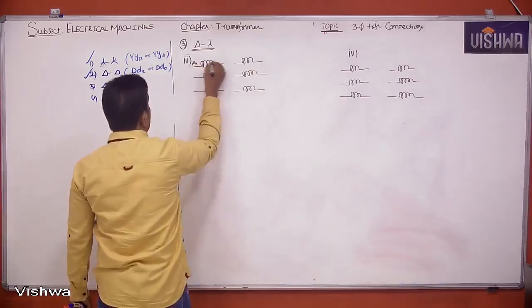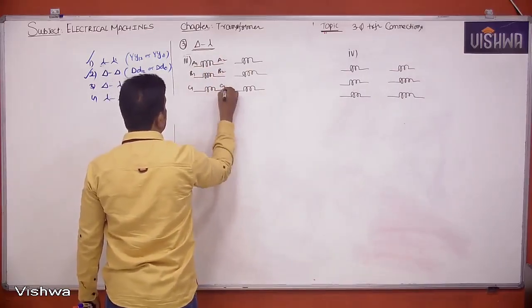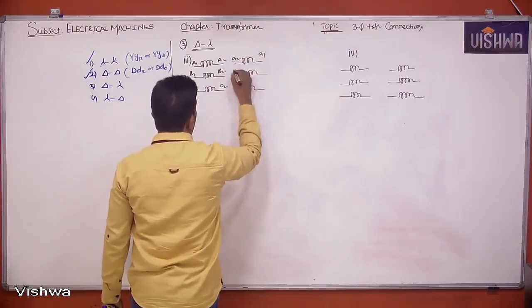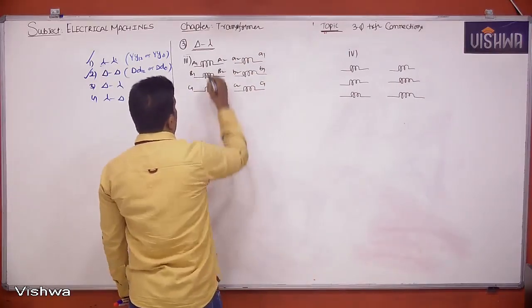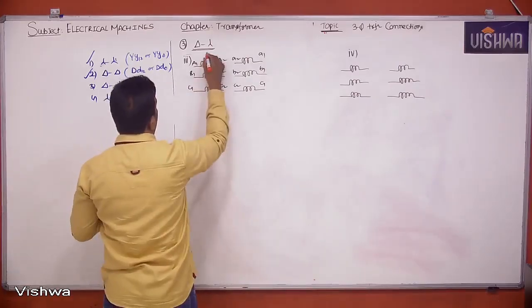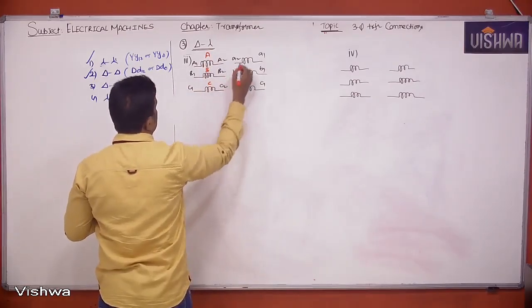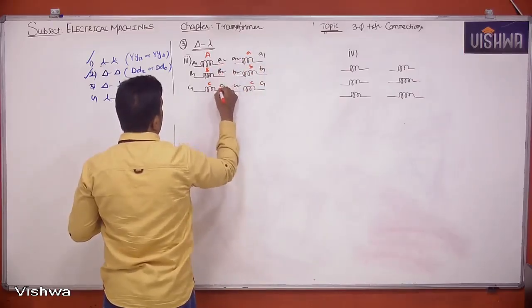This is A1, A2, B1, B2, C1, C2, A2, A1, B2, B1, C2, C1, and this represents which vectors? Capital A, capital B, capital C, small a, small b, small c. I just showed that the suffix 2 terminals should be marked with dots.